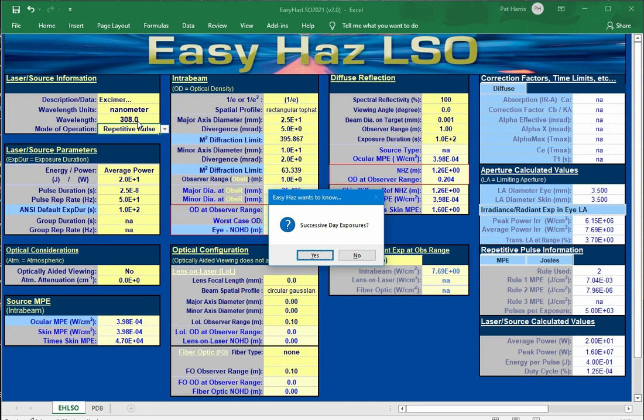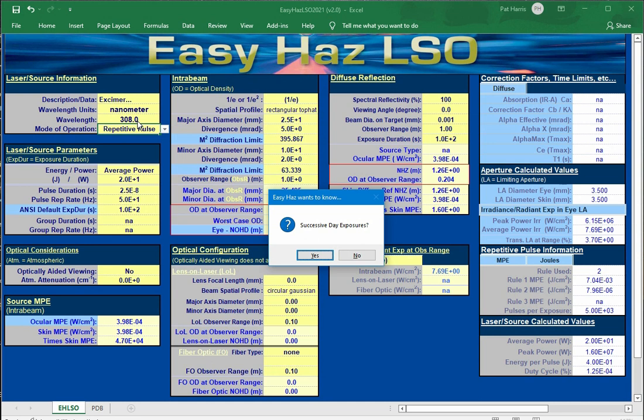Now, if you look into section 8.2, ocular exposures, and you go down a little bit into that section, I think it's 8.2.3.1, somewhere around in there, you're going to see where they talk about UV exposures. If you have multiple exposures within a 24-hour period, those are additive, and we call it successive day exposure, at least that's the term we use in the software.